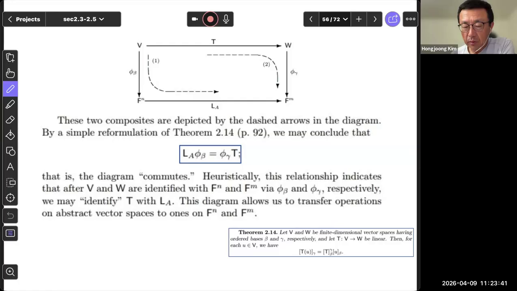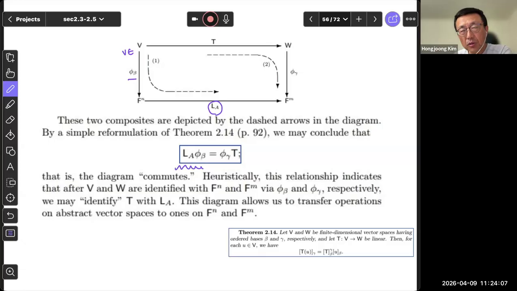So in other words, if I consider approach 1, then for any V in V space, you first apply this phi sub beta mapping, and then you need to apply L sub A transformation. In other words, you need to consider the composite of these two.